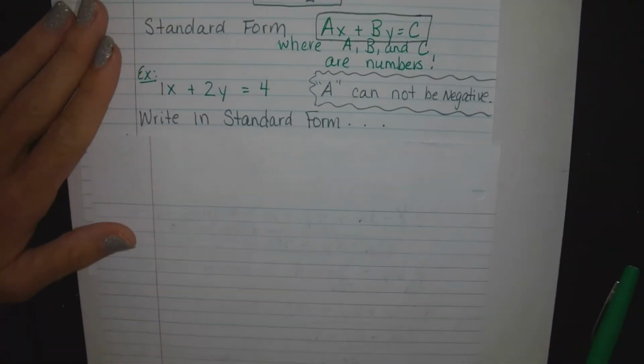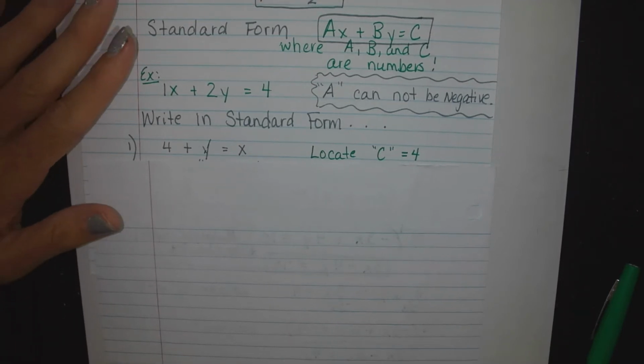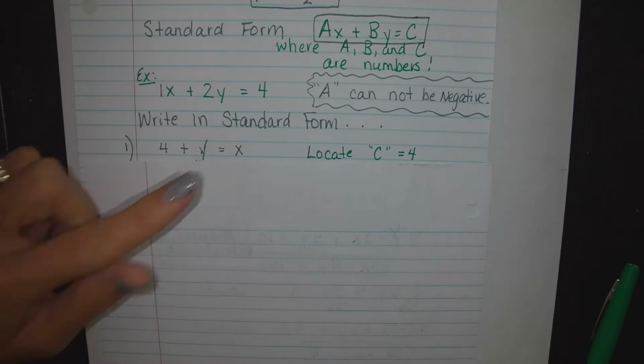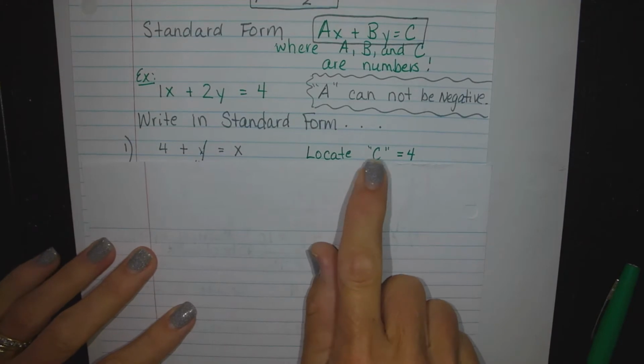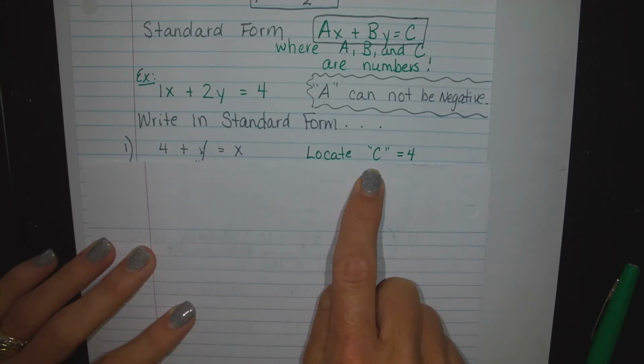All right, so let's start. Here is number 1. 4 plus y equals x. That's my equation. I'm telling you, write it in standard form. The best way to do this, locate which term is c.